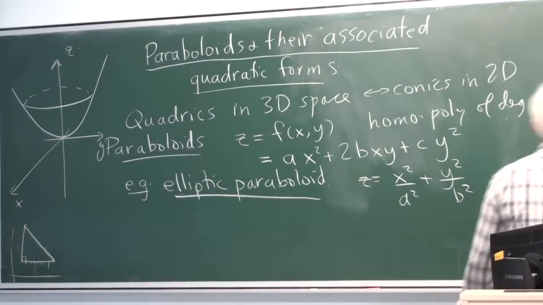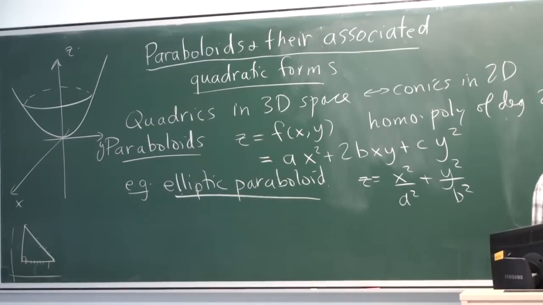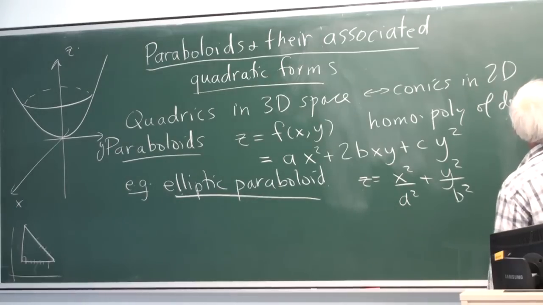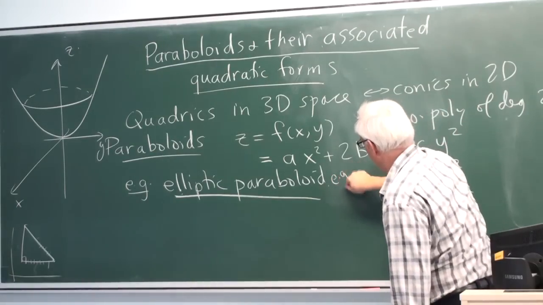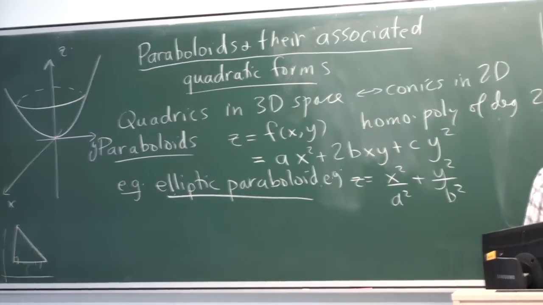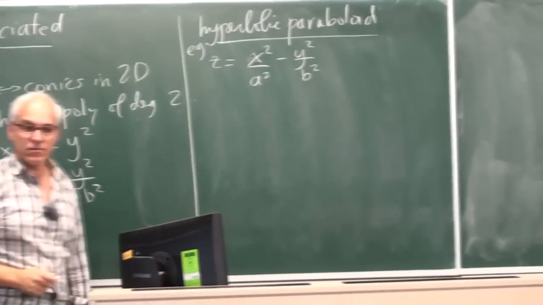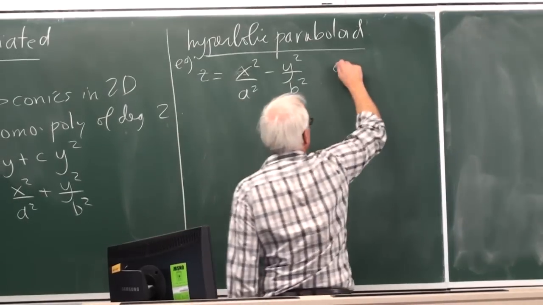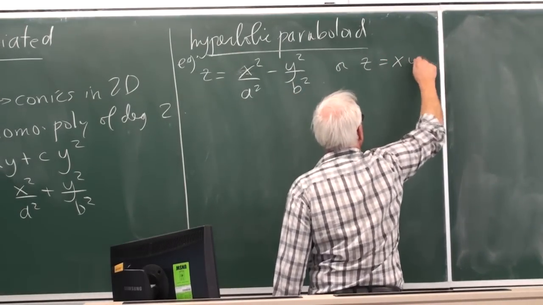Somewhat less simple to graph is a hyperbolic paraboloid. Which has an equation, well, something like, for example, z equals x squared over a squared minus y squared over b squared, for example. Or a different kind, z equals x times y.